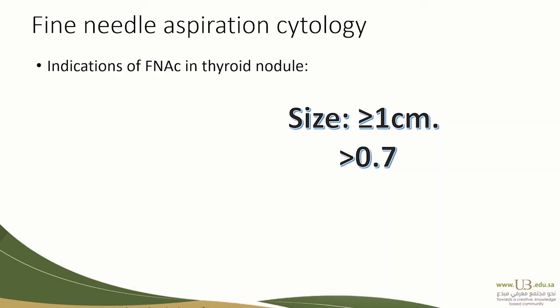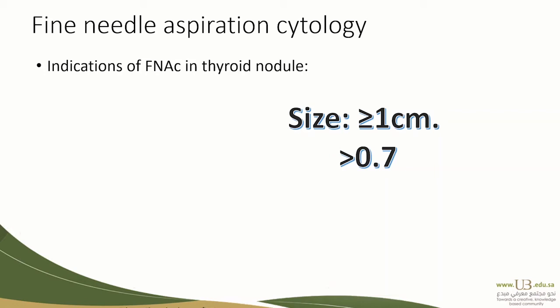Any nodule more than 1 centimeter should be aspirated and its cells should be examined under the microscope. The second indication: if the size is more than 0.7 centimeter, we have to look for risk factors. If there are risk factors like exposure to radiation therapy before, especially external beam radiation, or the patient having a family history of thyroid cancer, in such cases we have to evaluate the nodule by fine needle aspiration.